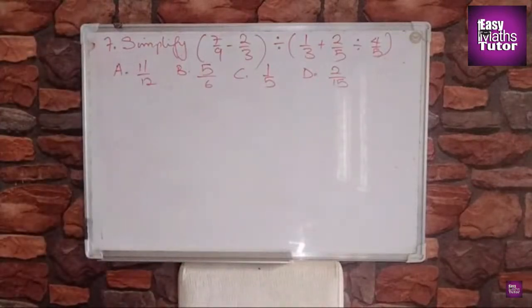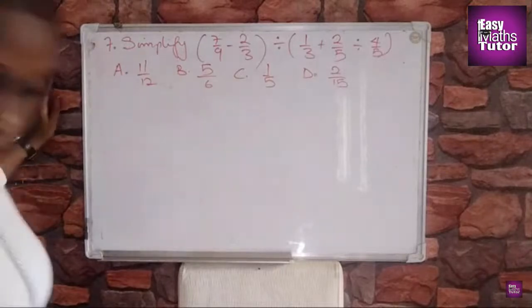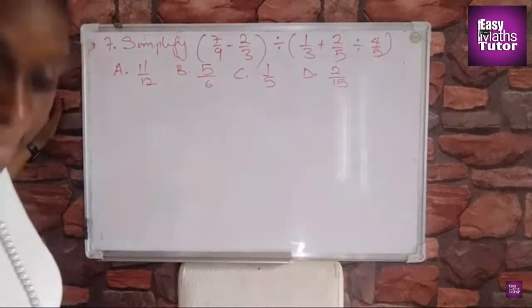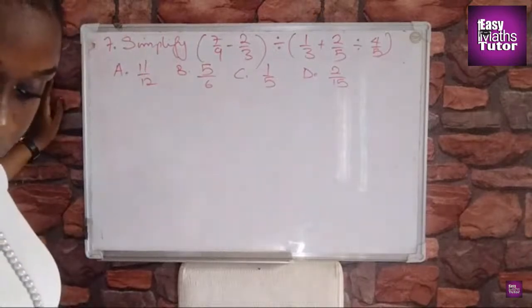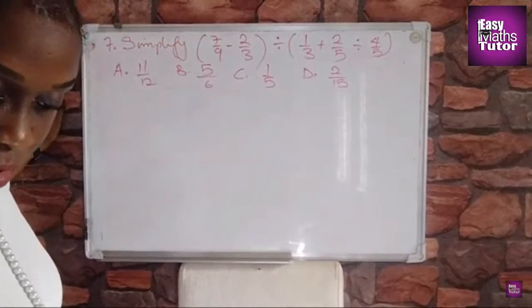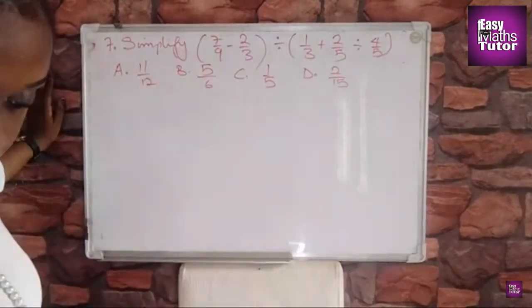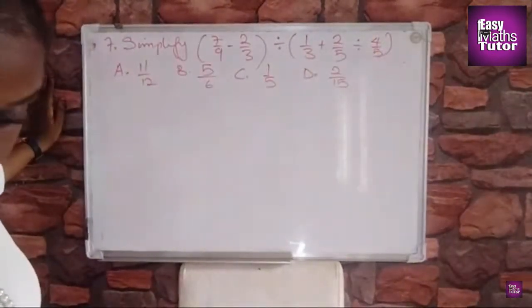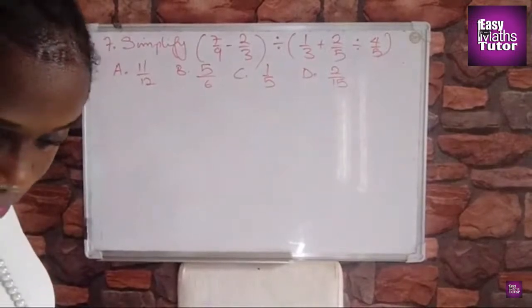Now soak in the question. Simplify the following fraction function. That's for JAMB 2002 question 15. All right?